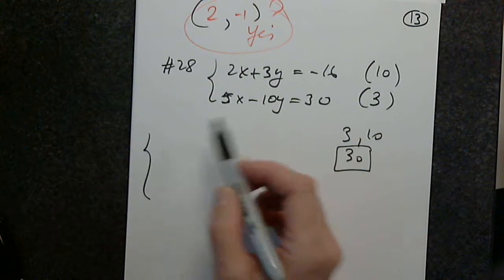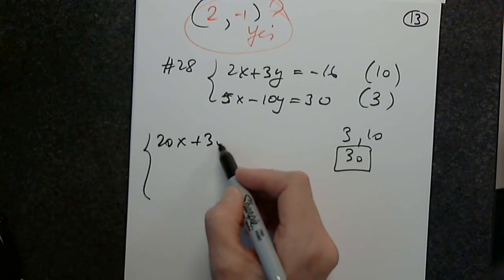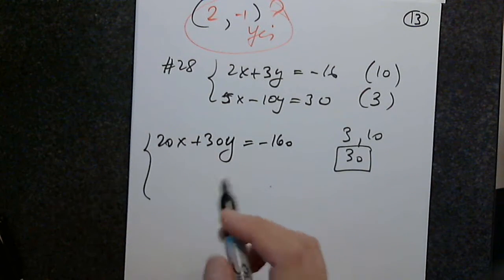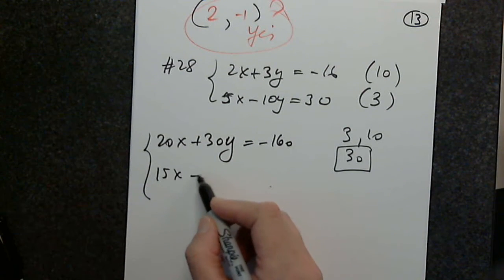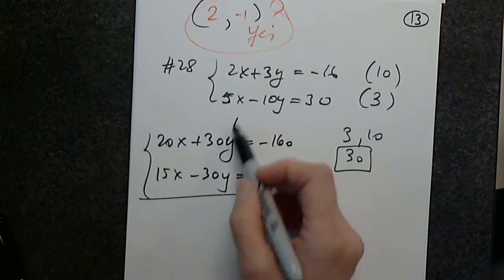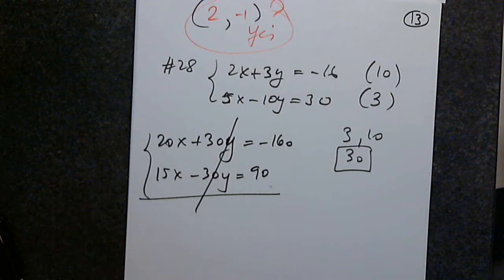So then the first equation becomes 20x plus 30y equals negative 160. And the second one becomes 15x minus 30y equals 90. That's what I wanted. I wanted to find the least common multiple. And the least common multiple of 3 and 10 is 30. There is no other smaller number that is divisible by 3 and 10 at the same time.